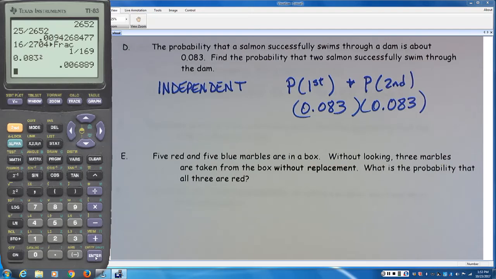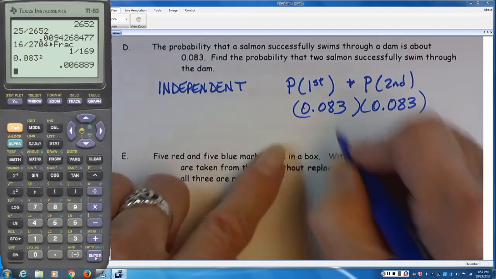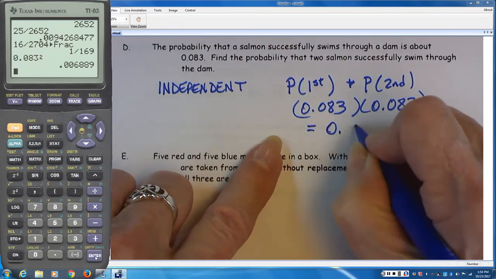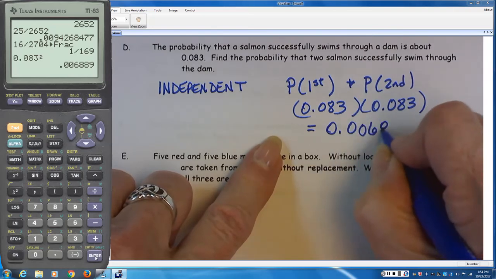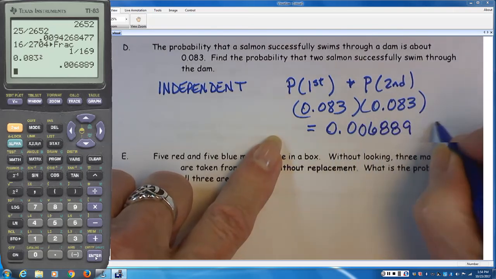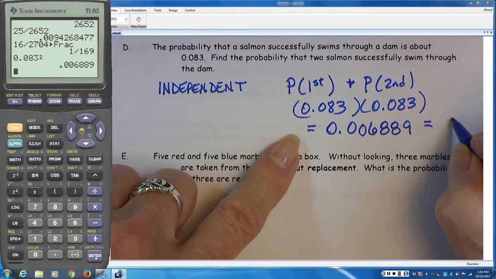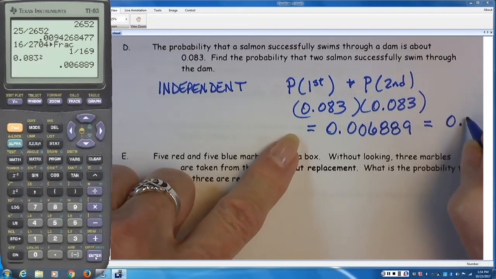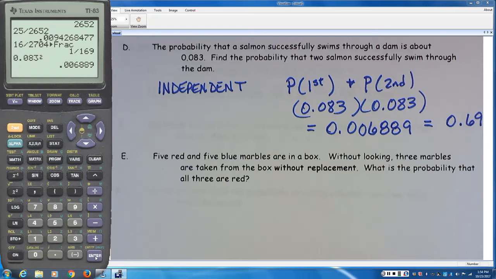And that would be 0.006889, which would be about 0.69%.